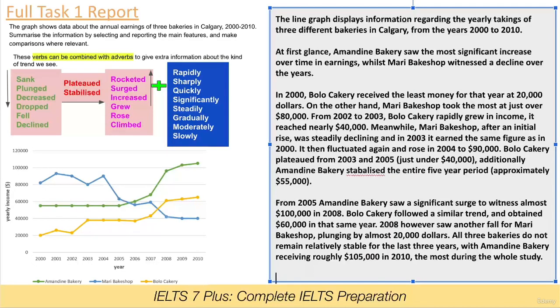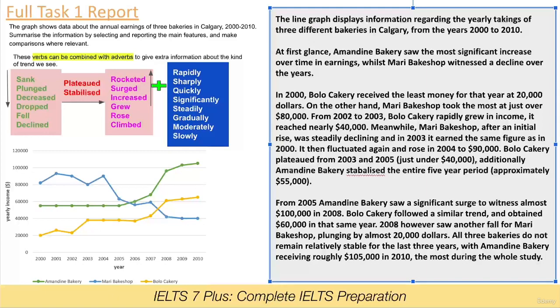Okay, let's read this back. From 2005, Amandine Bakery saw a significant surge to witness almost 100,000 in 2008. Bolo Cakery followed a similar trend and obtained 60,000 in that same year. 2008, however, saw another fall for Marie Bake Shop, plunging by almost $20,000.